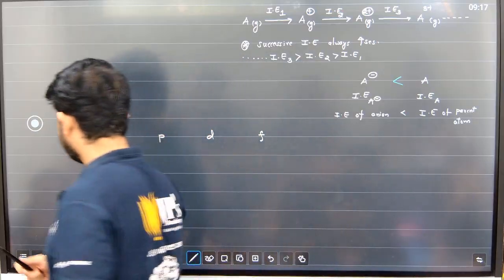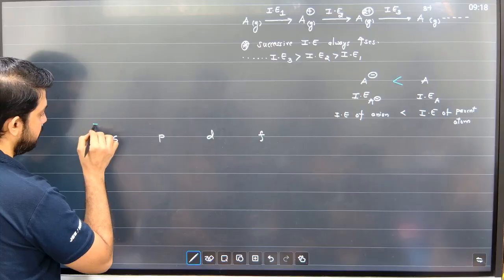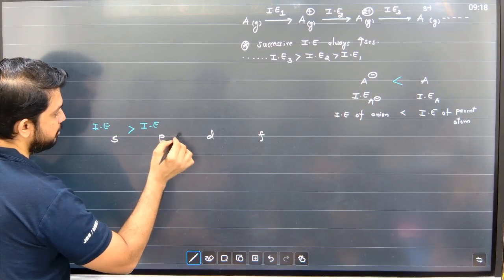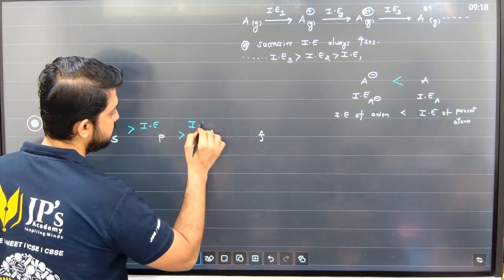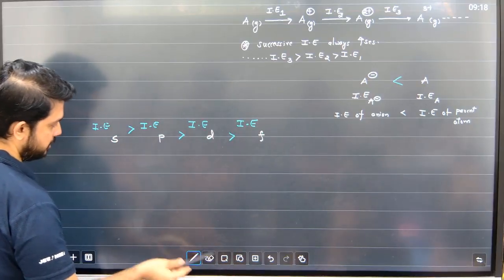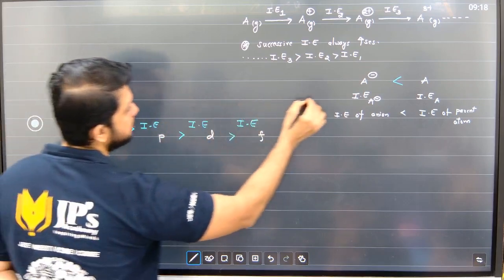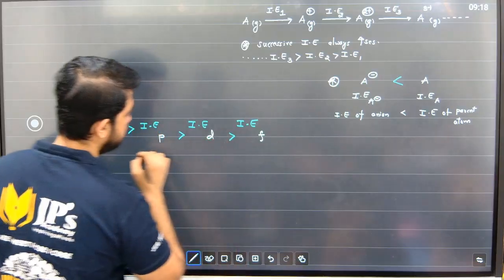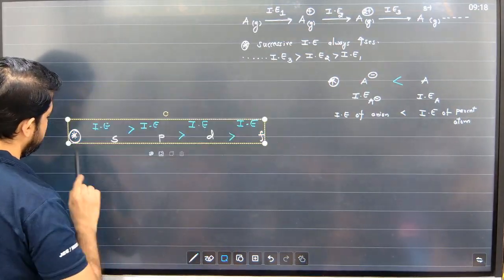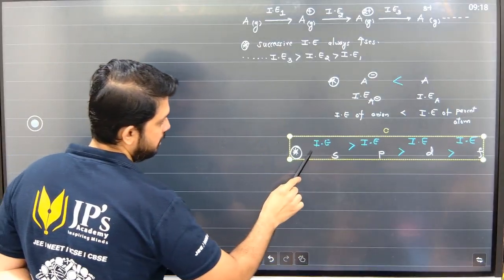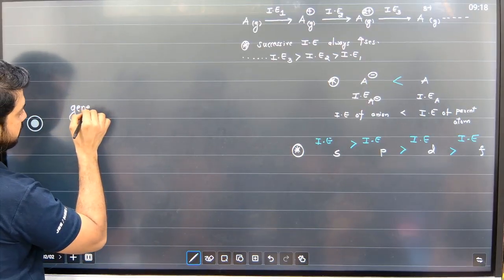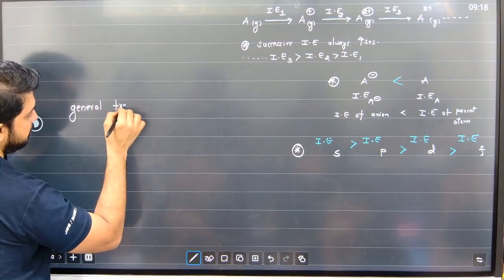So it's more difficult to remove an electron from the S subshell, then followed by P subshell, then followed by D subshell, and then finally from the F subshell. Okay. Now can someone give me the general trend for ionization enthalpy? Decreases down the group.